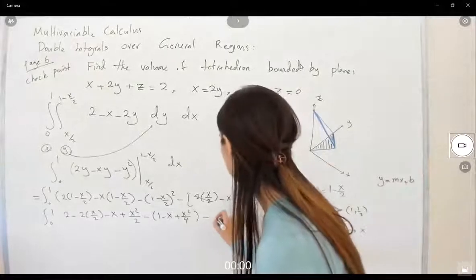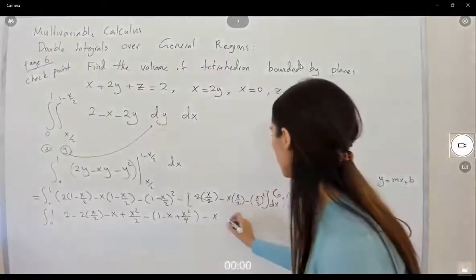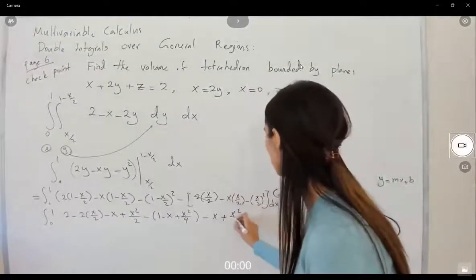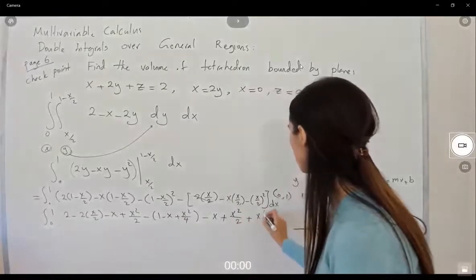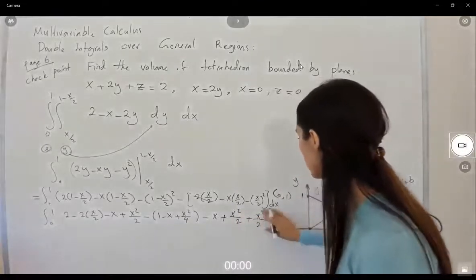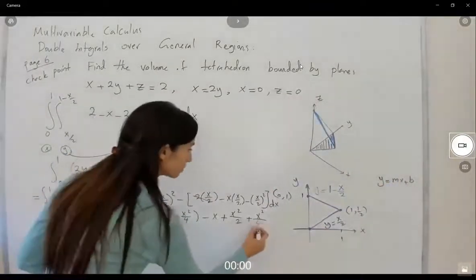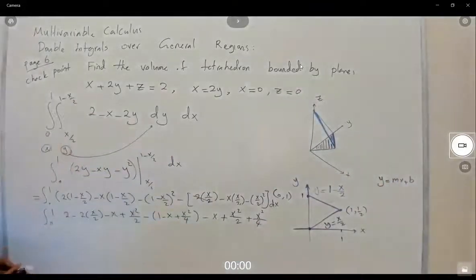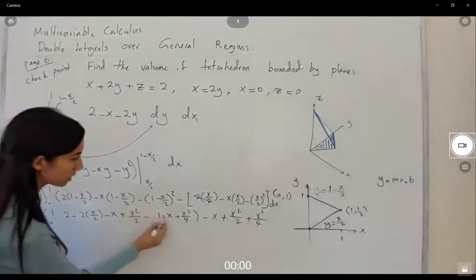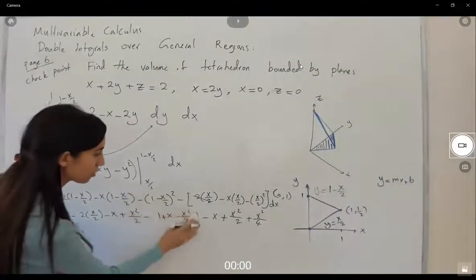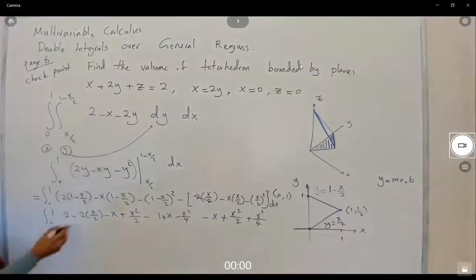So here you have minus x plus x squared over 2. Okay, perfect. And here you have negative 1 plus x minus x squared over 4. Let's try to simplify as much as we can.